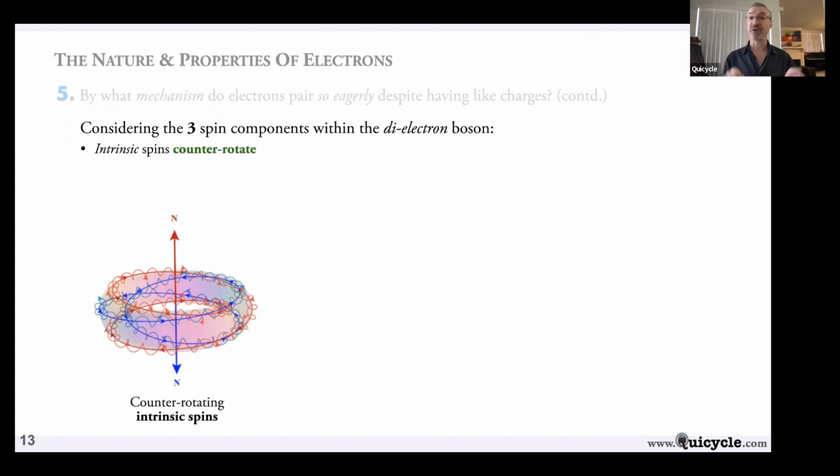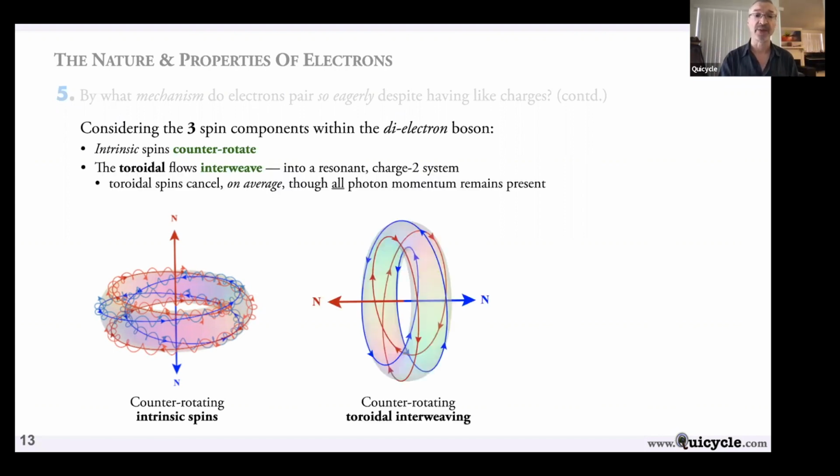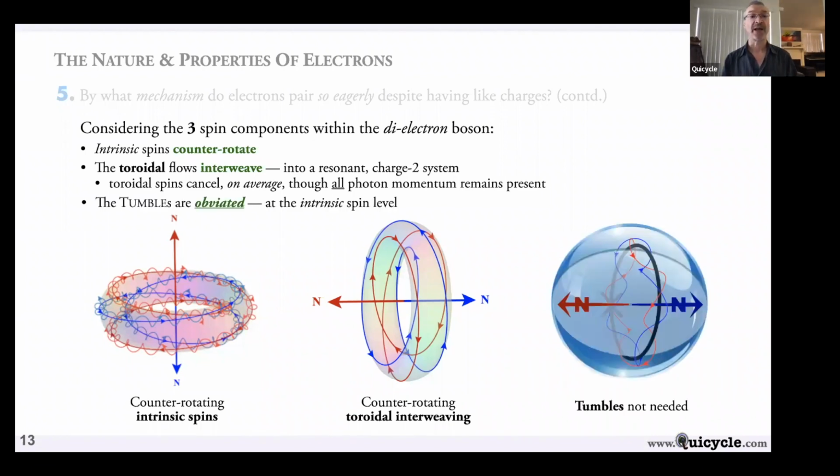But the intrinsic spins are counter-rotating, which lowers energy on average, which lowers that component of angular momentum energy on average. The toroidal flows are interweaving, as we mentioned before, which lowers overall angular momentum on average. And the tumbles are going to be obviated. You don't need the tumbles anymore because at the level of the intrinsic spin, those intrinsic spin angular momenta are being offset from one another.